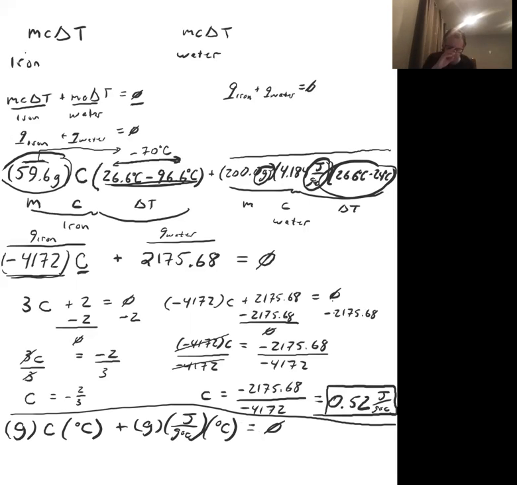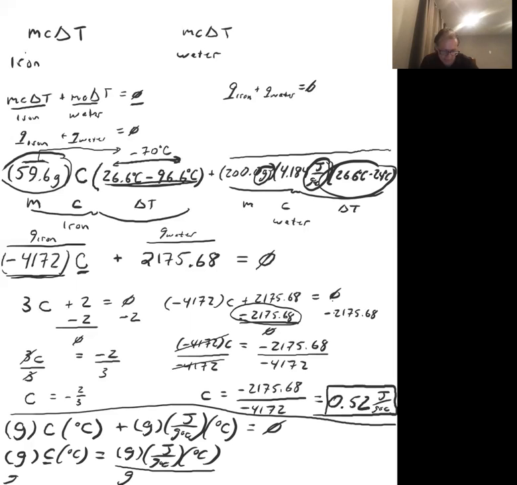Okay. The first step we did algebraically was we took this second term, this 2175.68, and we subtracted it from both sides. So that means we'll have grams times C times degree C equals grams times joules per gram degree C times degree C. And then what we have to do to get C, the specific heat, is divide both sides by grams.